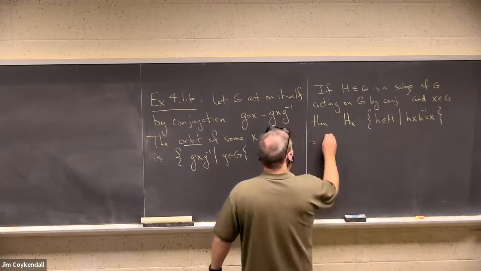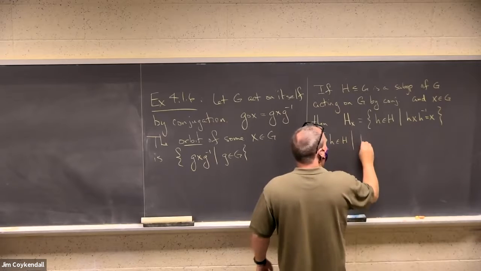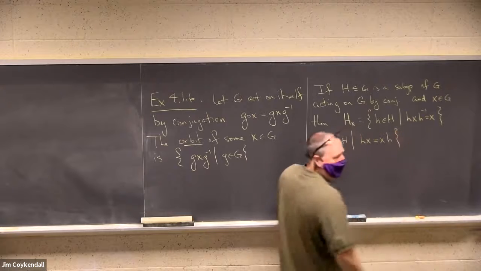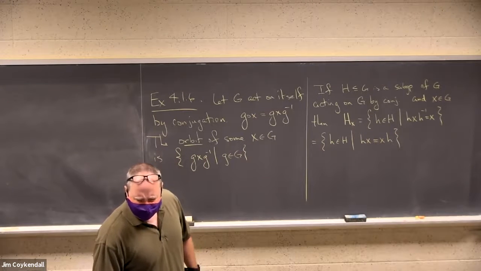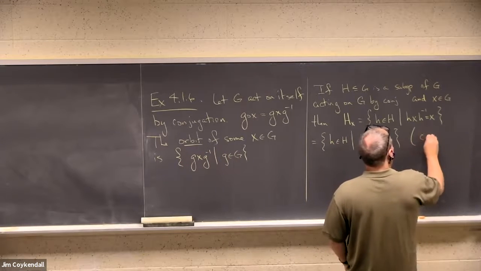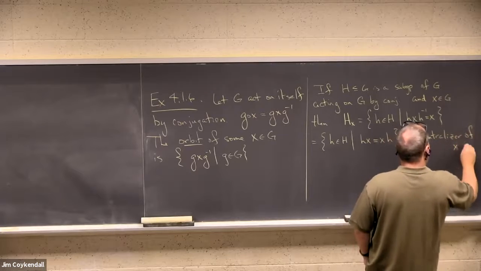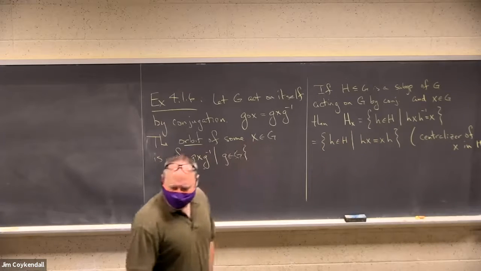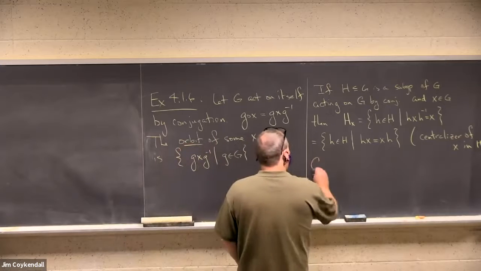Another way to look at this is this set of h in H, just massaging this here a little bit, such that hx = xh. And we actually have an old name for this. This is actually the centralizer of x in H. So it's everything in H that centralizes x, the old notation.